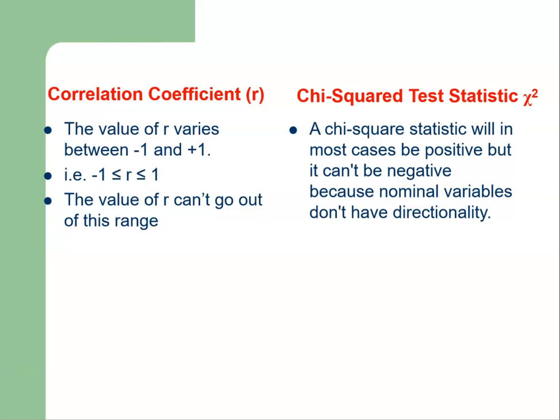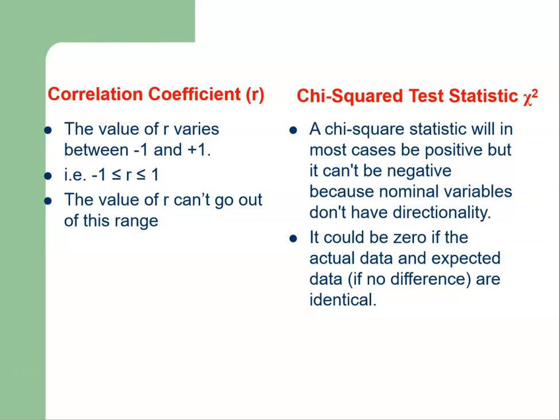So this test statistic, that is the chi-square test value, will in most cases be positive, but it cannot be negative because the nominal variables or the categorical variables don't have directionality. There is no direction in nominal variables.